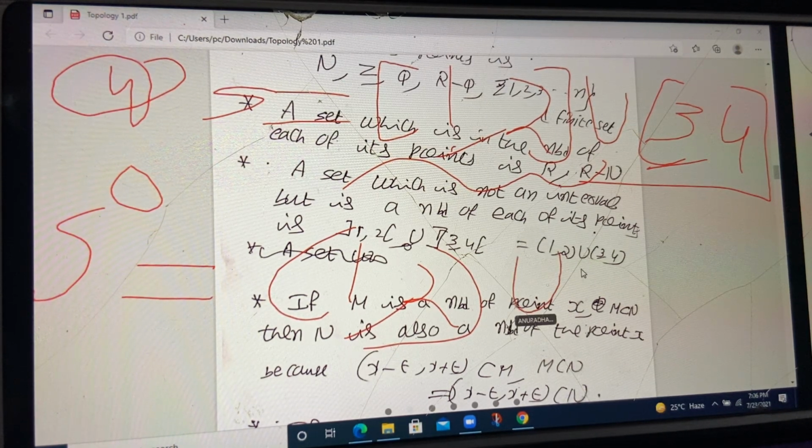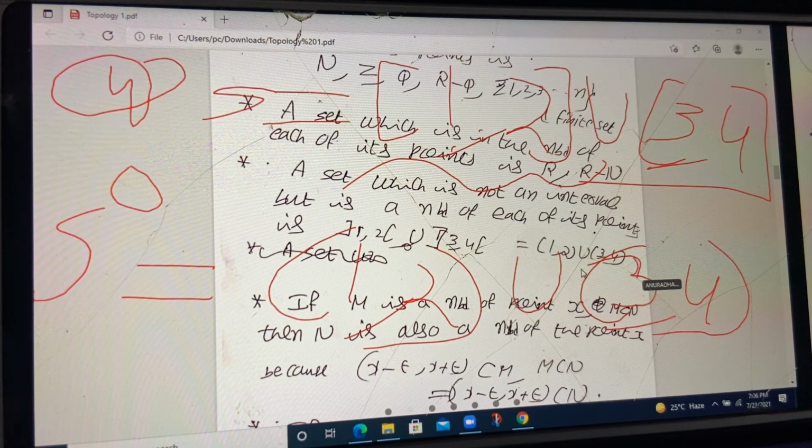Union: 3 is not interior, 4 is not interior, but every point inside is interior. So whenever closed intervals are given, you remove closed, make it open. That will give you S interior. Is the application clear now? Yes, ma'am. Because whenever endpoints are there, endpoints are never interior points. Remove them because S interior means all interior points.